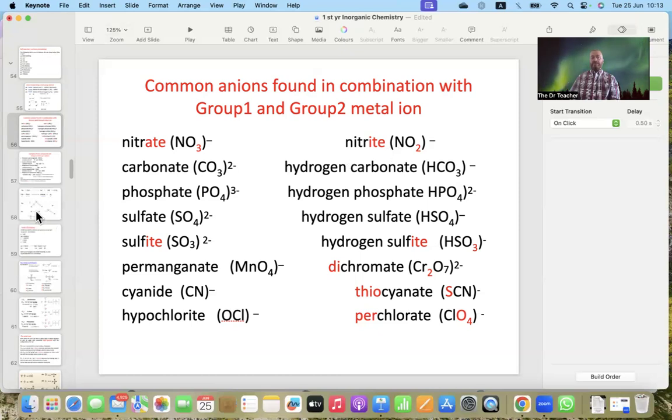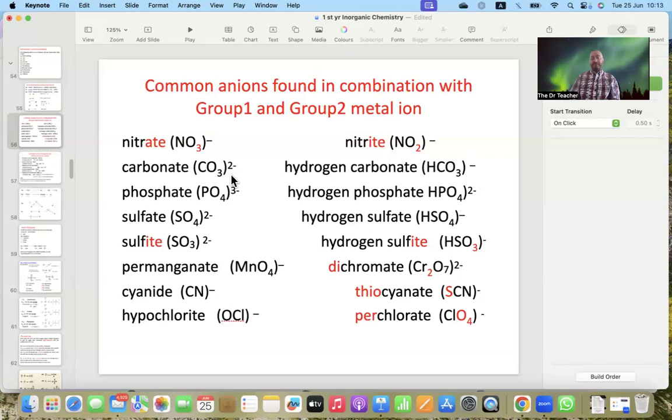Okay, carbonate, CO3. This is the highest number of oxygens that can bond to the carbon. So this is carbonate. Where here I have H, it's a hydrogen carbonate, and the overall charge is -1.